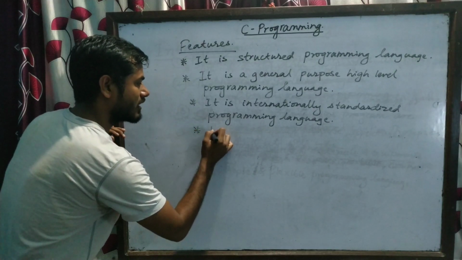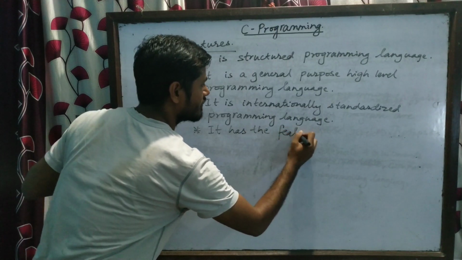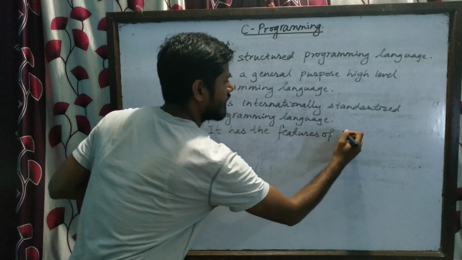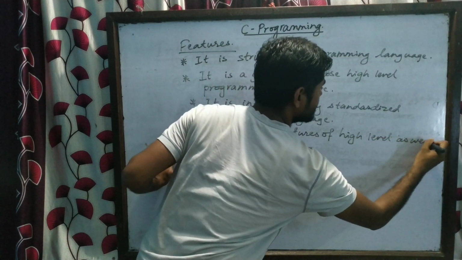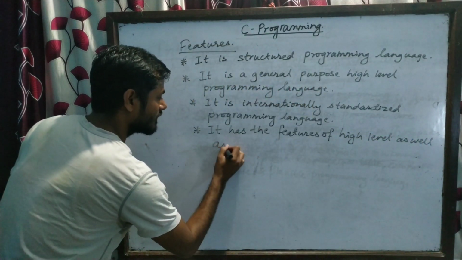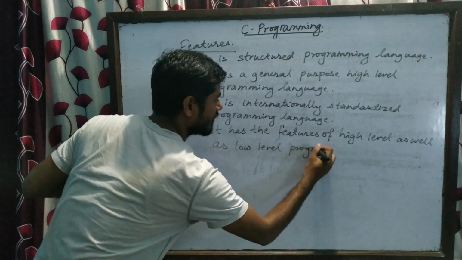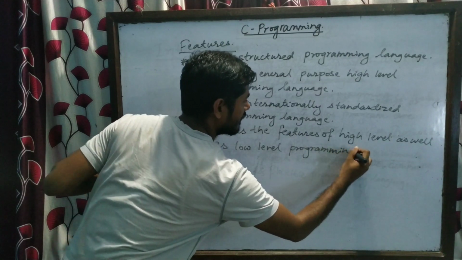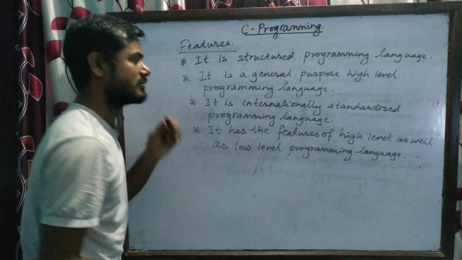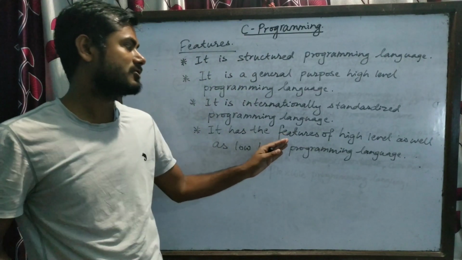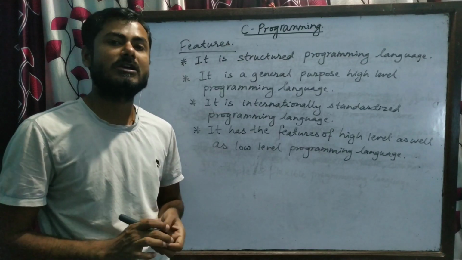It has the features of high level as well as low level programming language. Since I have been telling you from the beginning, C programming supports both high level as well as low level programming.